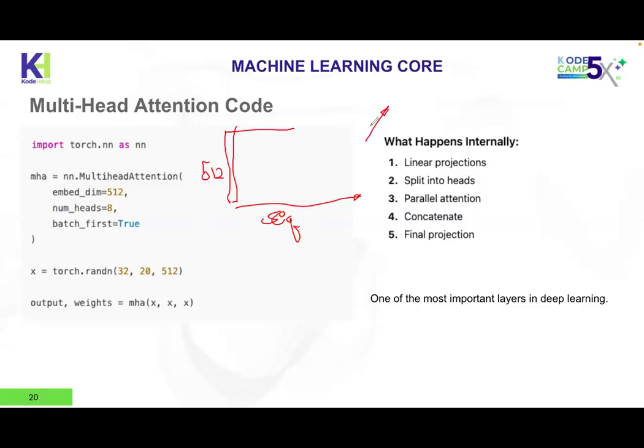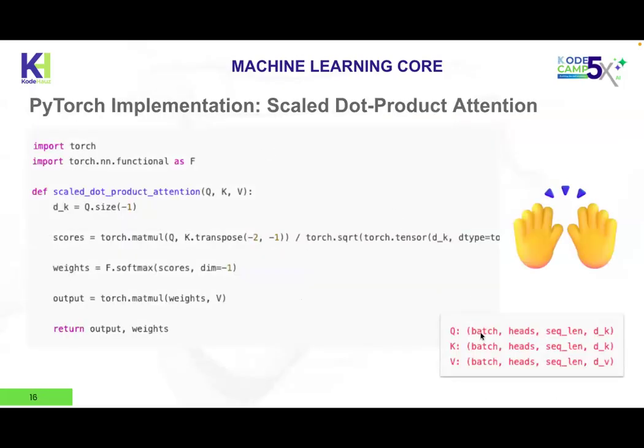So if you have multiple heads, then you have multiple, and this is separate from the batch dimension. So you actually have four dimensions in a typical attention implementation. And you're going to see it here. These are the four dimensions, right? So you have sequence length, depth, and heads.